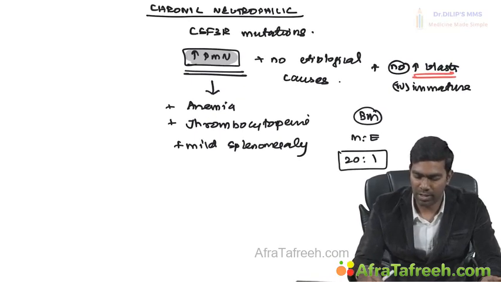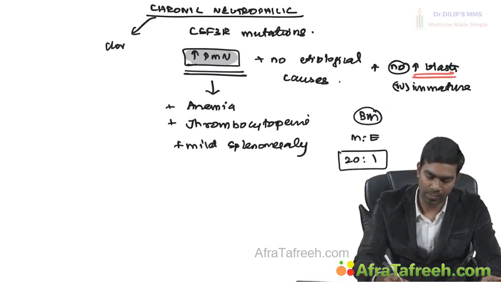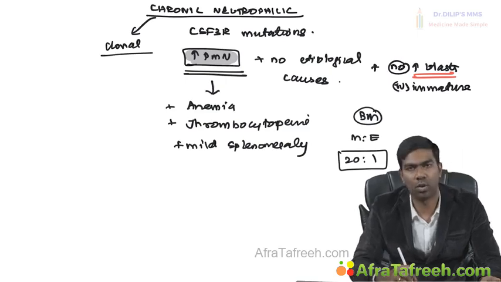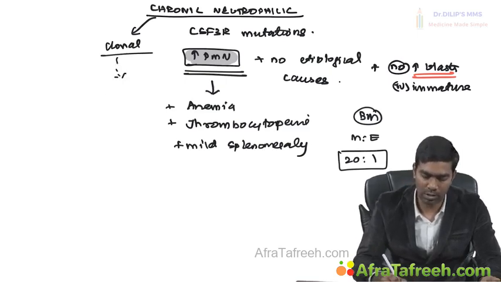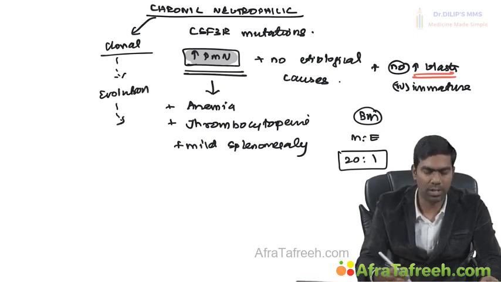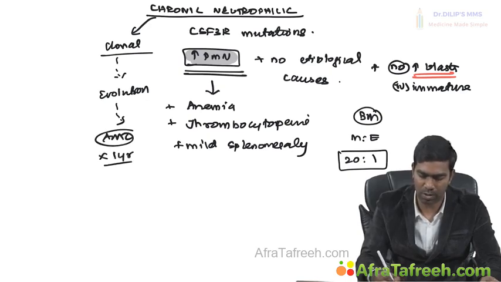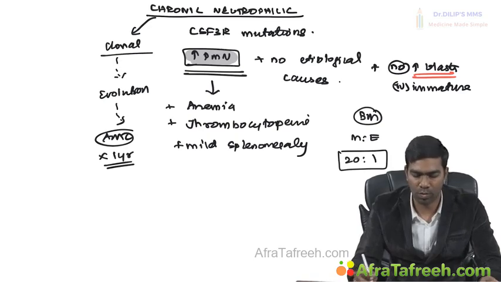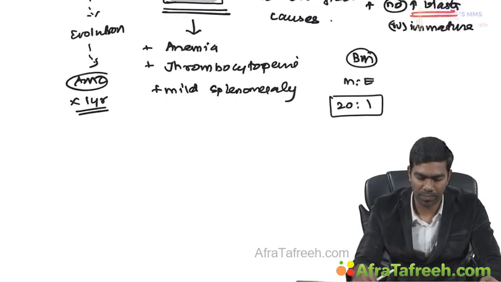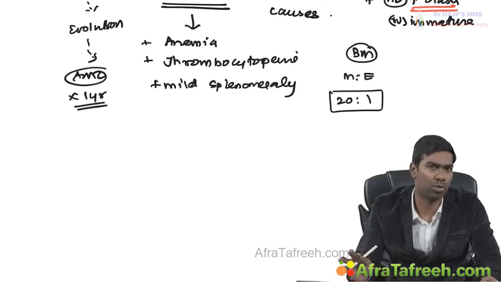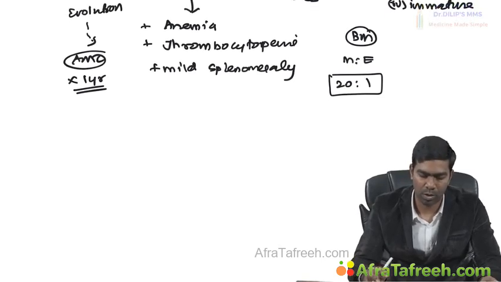So slowly, since this is a clonal disorder, as I told you already, as with all the malignancies, there will be clonal evolution and more mutations will start coming, and eventually it transforms to AML within 1 year usually. They'll go for acute myelogenous leukemia, and blastic phase will happen within a year most of the time. So prognosis is variable.